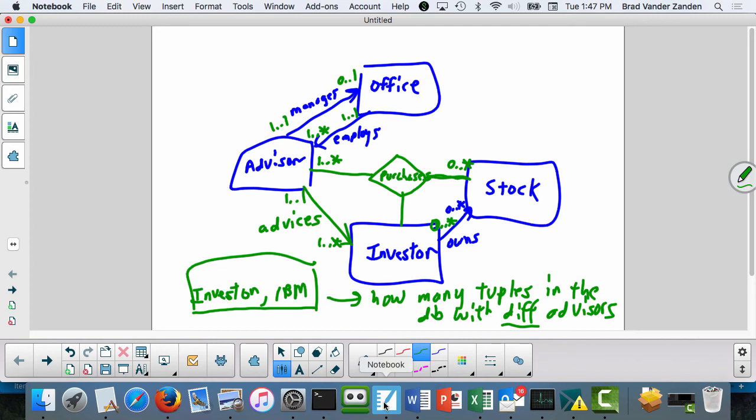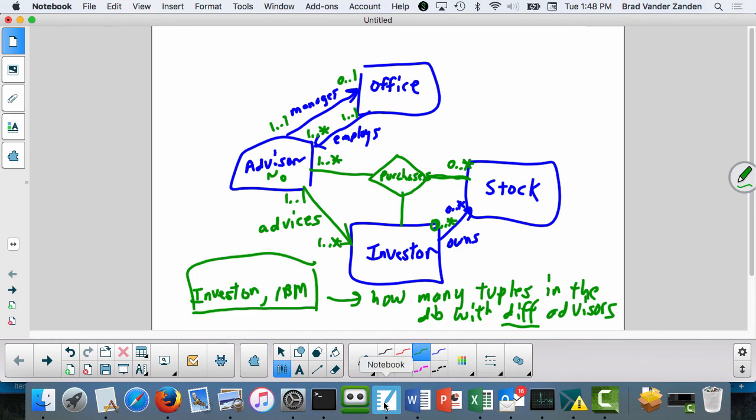There could be, but that doesn't change the fact that with a single investor and IBM, it may have been purchased by multiple advisors. It doesn't matter. Think of advisor number here: each advisor has a specific advisor number, yet an office can have one-to-many advisors.